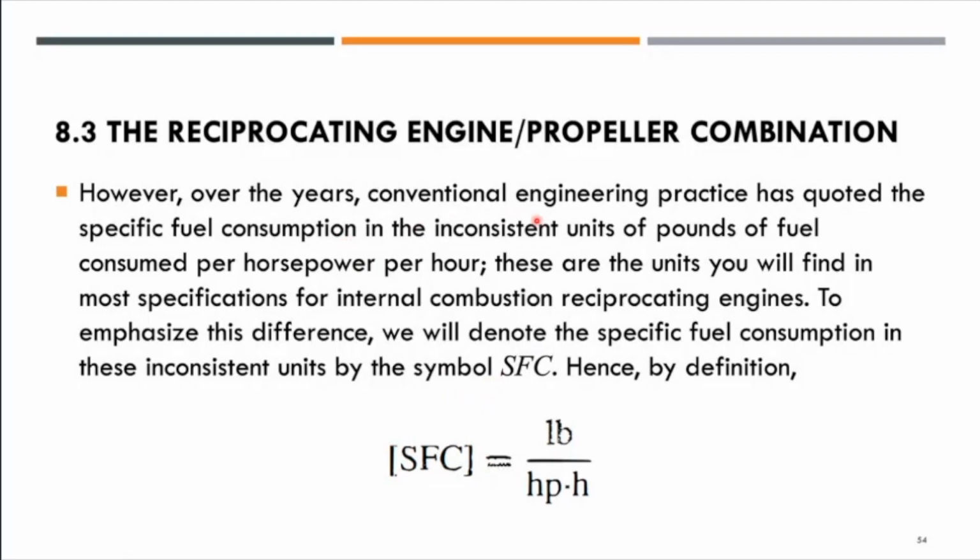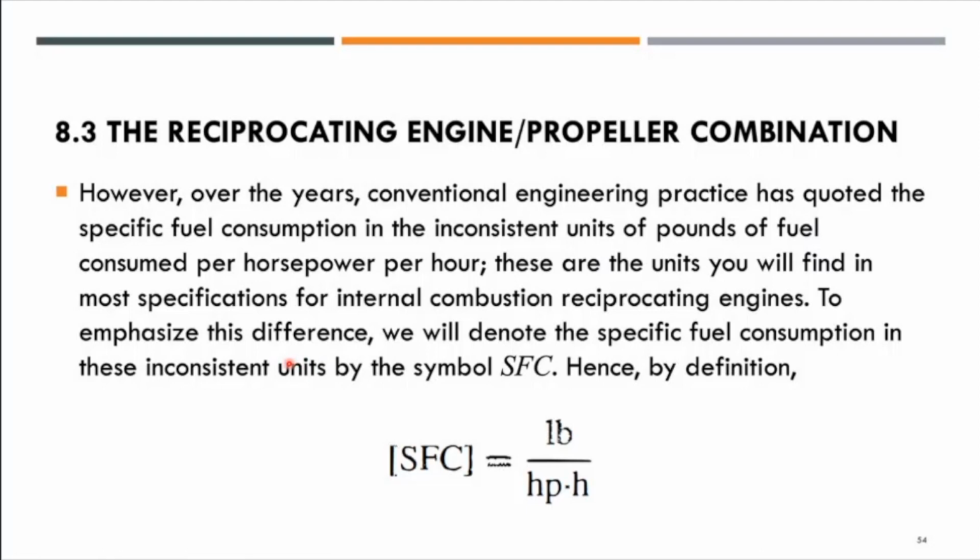However, over the years, conventional engineering practice has quoted the specific fuel consumption in the inconsistent units of pound per horsepower per hour. These are the units you will find more in specifications for internal combustion reciprocating engines.